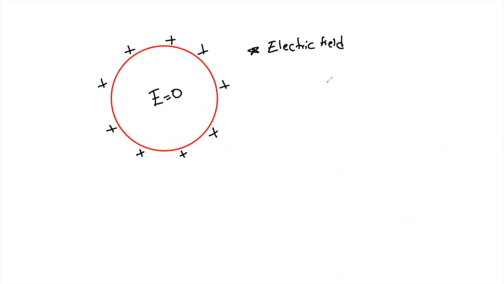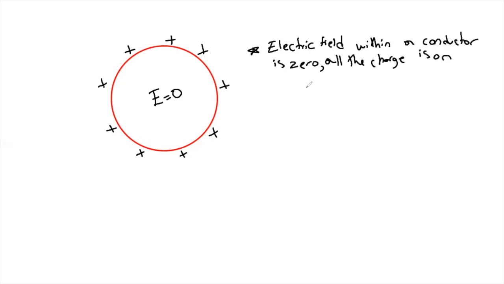I forgot to mention that if you were inside a charge, you would not feel anything because electric field is zero and all of the charge is on the surface. So electric field within a conductor is zero. All the charge is on the surface.